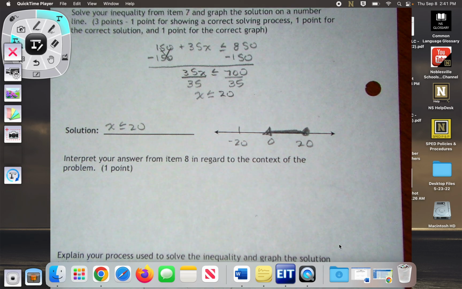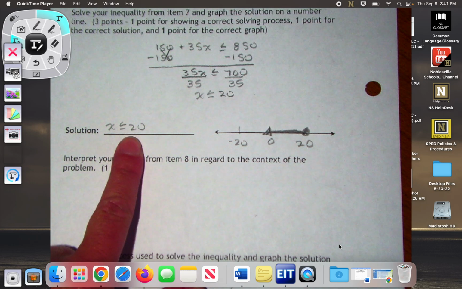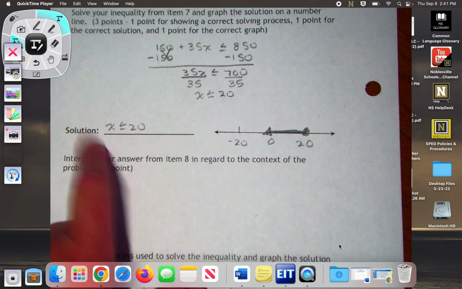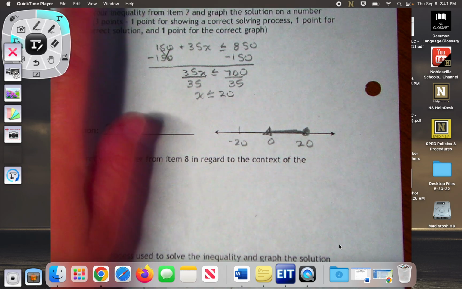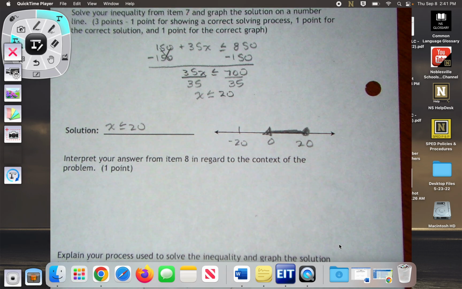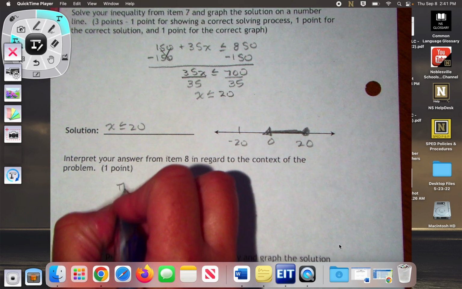So then we come to this word interpret, right? It means, what does this represent? What does this actually mean in the context of the story? Zane? There could be a maximum of 20 boxes in each crate.